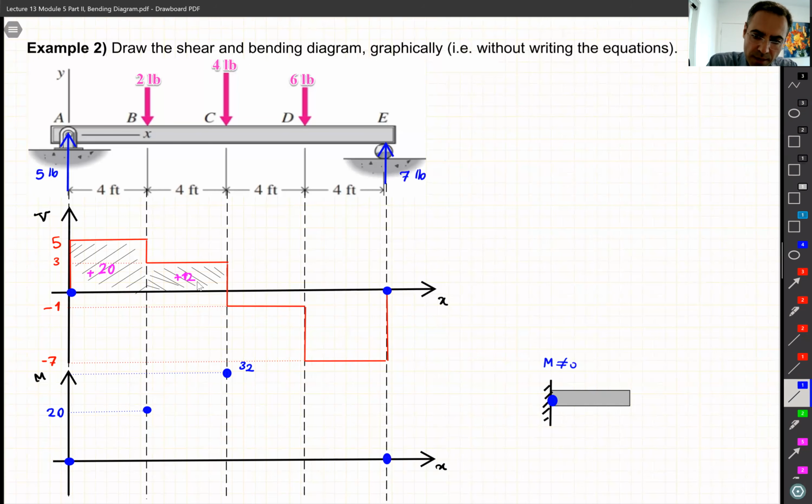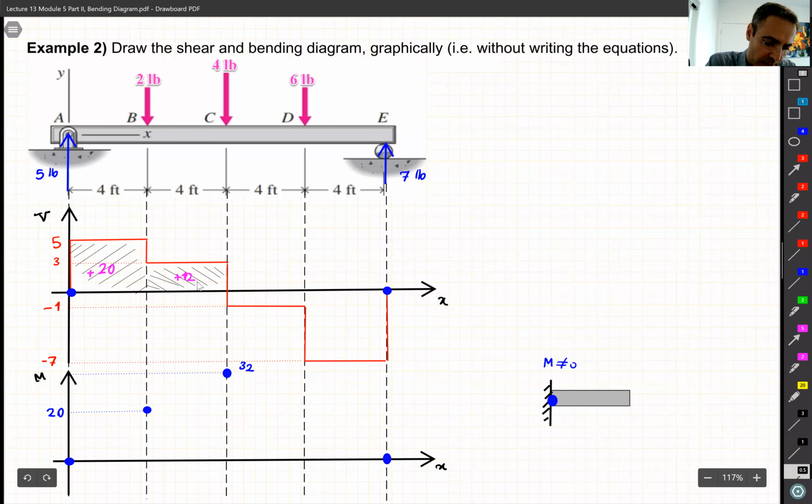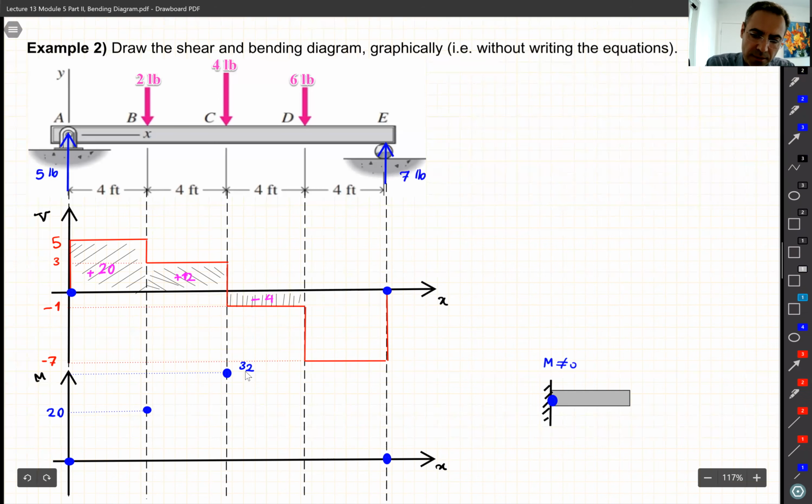So let's move on, and we need to be careful. This area now is minus because it's below the graph. So it's going to be minus 1 multiplied by 4, it's minus 4. Now we subtract 4 from 32, it gives us 28.